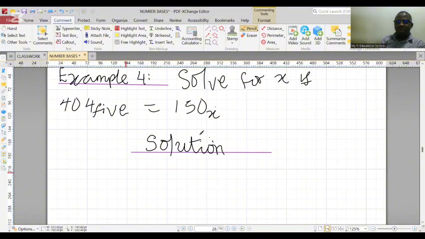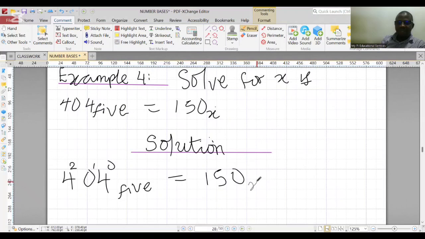Now, the first thing we're going to do is convert both numbers to base 10. So we have 404 base 5, so this will be position 0, this will be 1, and this will be 2, equals 150 base x, with positions 0, 1, and 2.